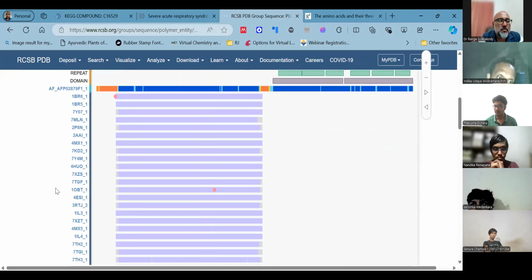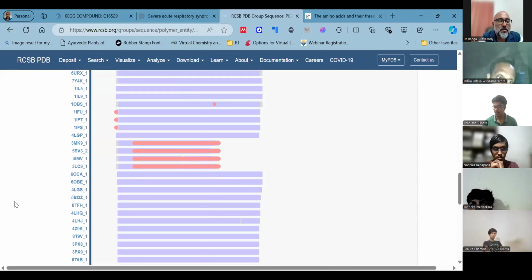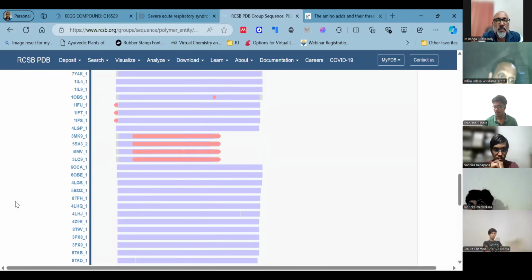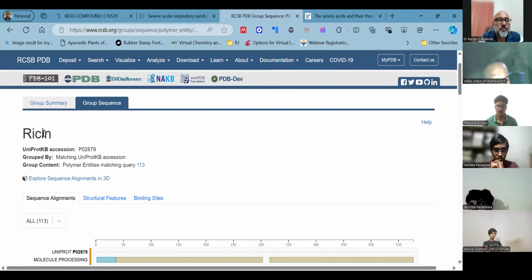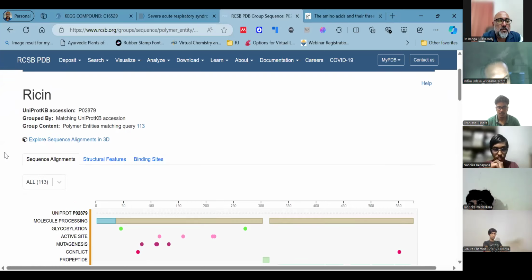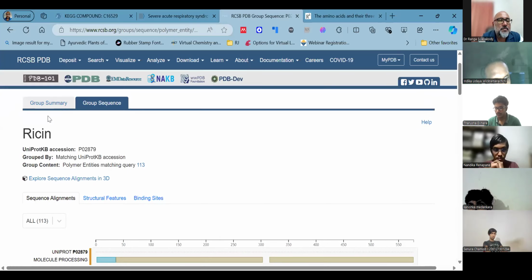This is not what I want. Where is the actual sequence? Sequence, not sequence alignment. Hold on, let me see.